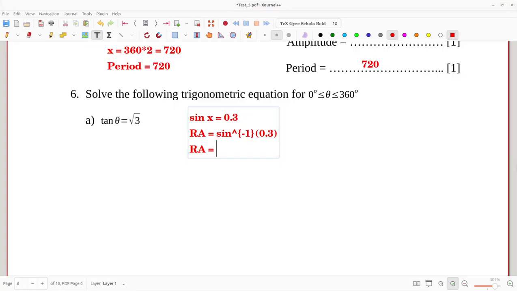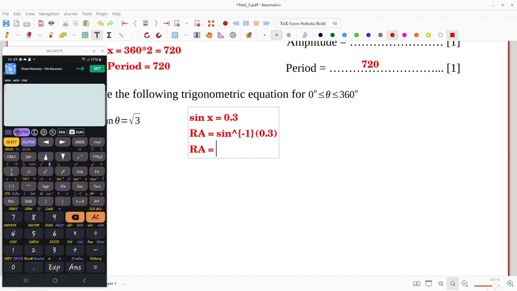What is it giving us? Let's calculate. So this is nothing but arc sine, so it's shift sine 0.3. Then let's check the answer.